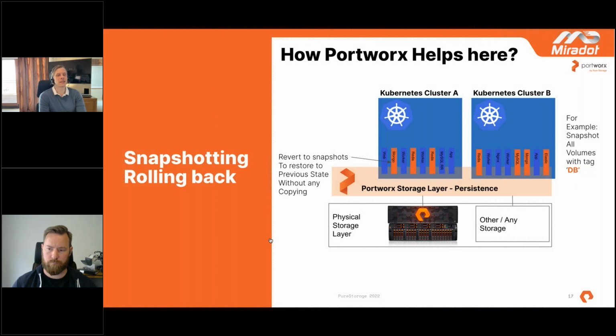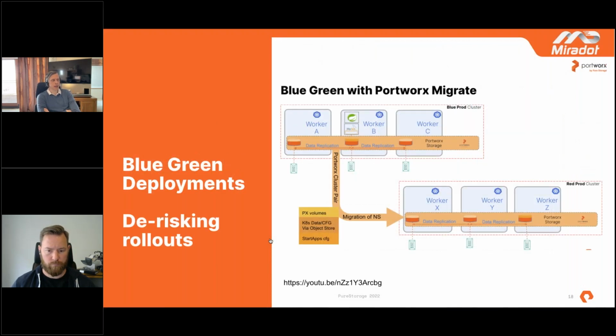If you want to develop this and get to a blue-green scenario, what we can do is we can migrate. There's a module in Portworx called migrate, and this allows you to seed other environments. The seeding of environments could be for blue-green, it could be for testing purposes, it could be that you want to ensure that you can test on production-like data as well.